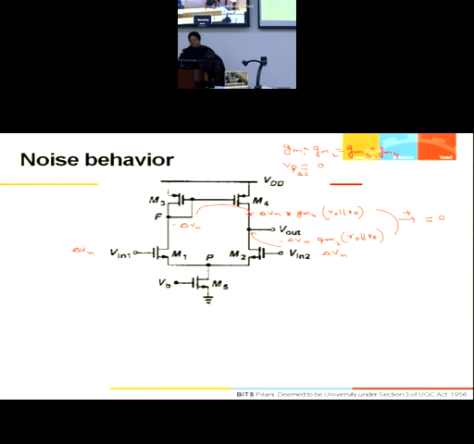Now this is the noise behavior. Look here, I am giving a small noise signal here. The noise signal is going to be common to both, to Vin1 as well as to Vin2. Noise signal will be common. So the net potential here will be minus delta Vn noise.